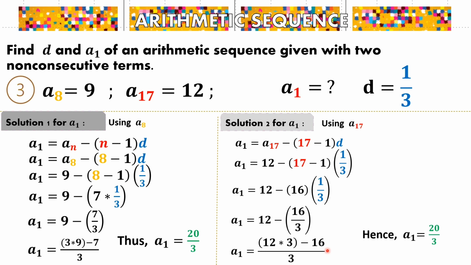And then we have 12 times 3 is 36, minus 16 is 20/3. Okay, so therefore a sub 1 is 20/3.